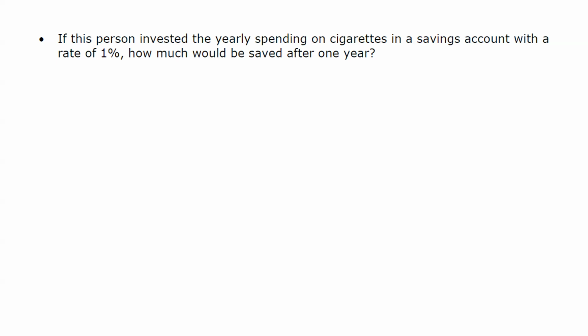So we know that we want to know how much will be saved after 1 year. So we want the future value. We're going to be using the formula A equals P times 1 plus RT. Depending on which process we take, it's going to look a little different. For the first process, our P is going to be 2,548.